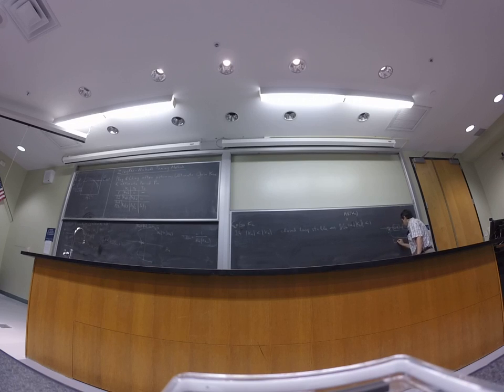So GOL for P control is GU times KC. Clear, everyone? If I have just P control, GOL is GU times KC.